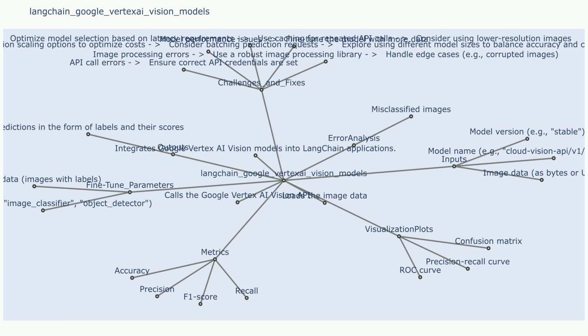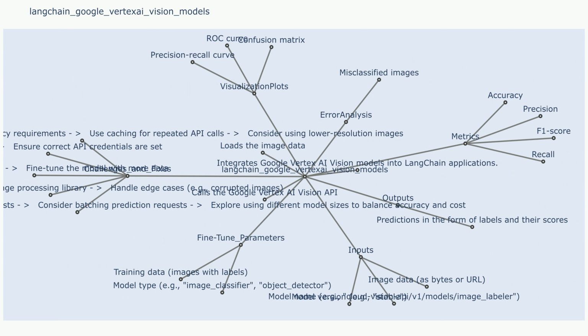Metrics. Metric 1. Explain in detail accuracy. This metric measures how accurately the model classifies or detects objects in the image, typically calculated as the percentage of correct predictions. Metric 2. Explain in detail precision and recall.